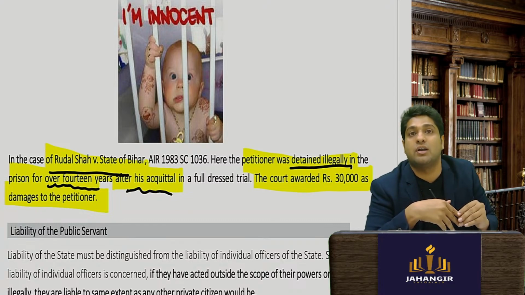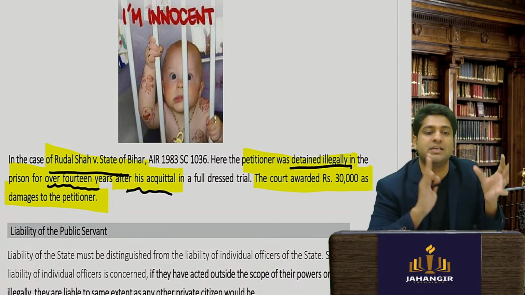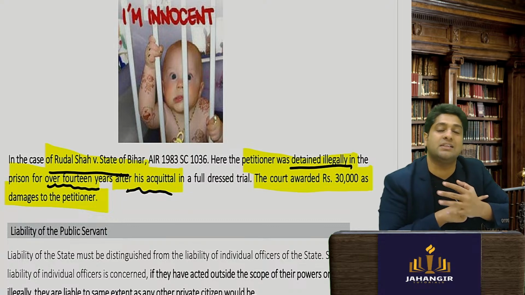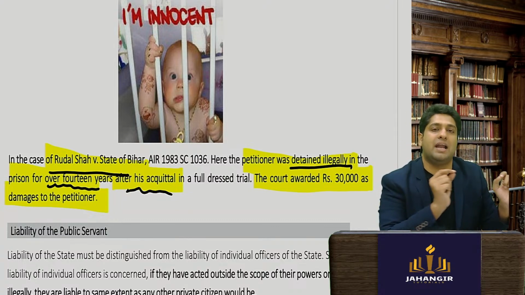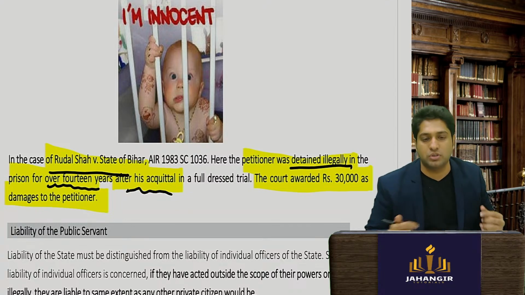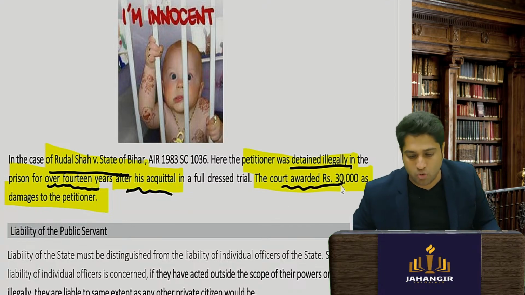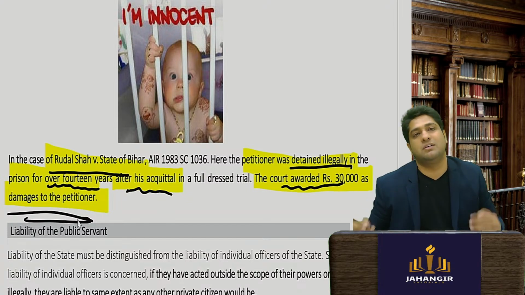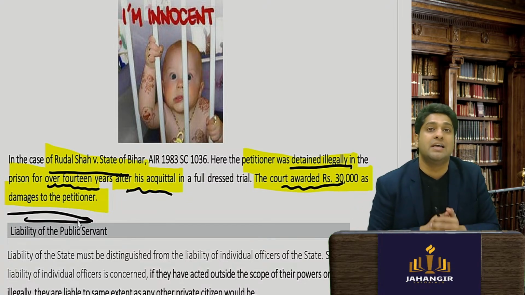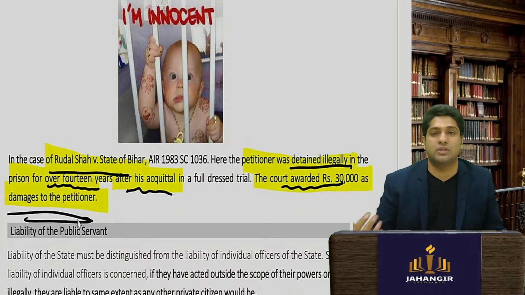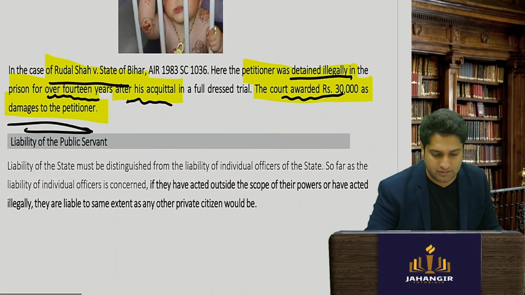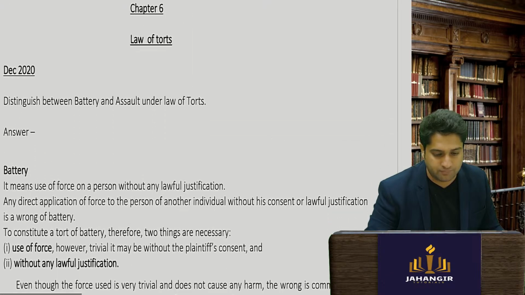The jail authorities were negligent and this person stayed for 14 years. Can the state government be held liable? Answer is no, they cannot be made liable. However, out of a good gesture, the court awarded rupees 30,000 to this person because he was kept in jail illegally for 14 years. So the government has shown their big heart and given him 30,000 rupees. Okay, and that is it.